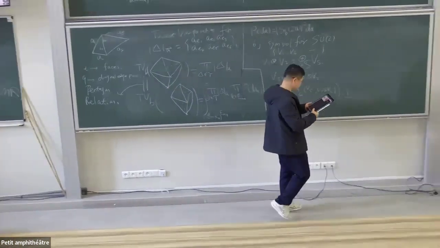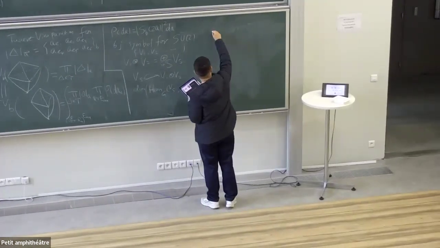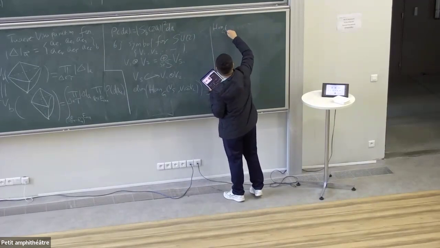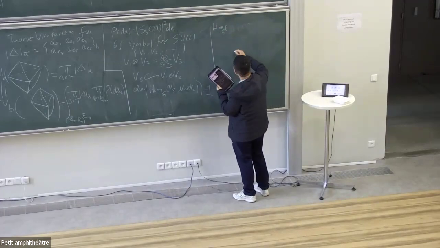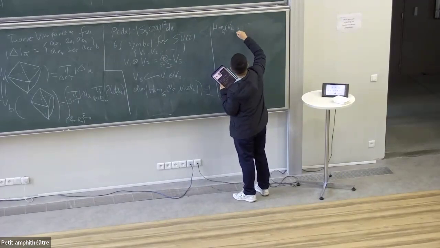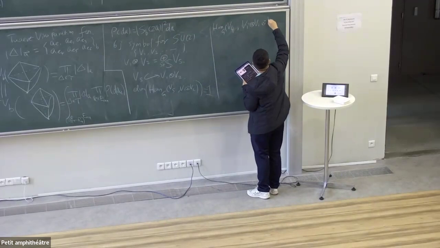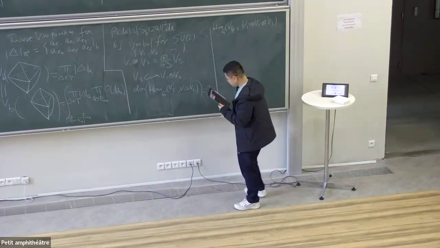Okay, now we can also consider the space of all mappings from V4 to these three tensors.